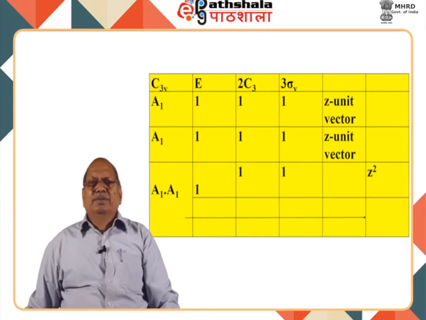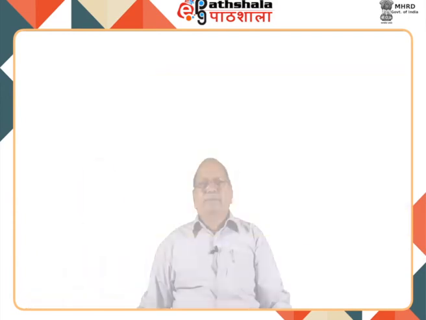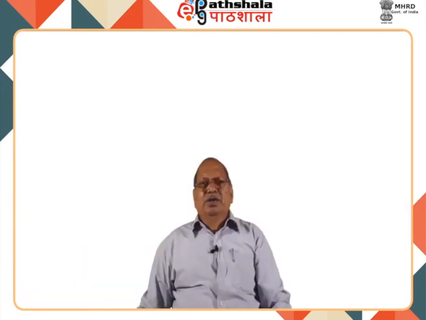So the z unit vector gives me z square, and so z square is also the basis for A1, because the character I get by direct product is 1, 1, 1. Now, similarly, other binary and ternary functions can be taken as the basis and the corresponding irreducible representations can be worked out.